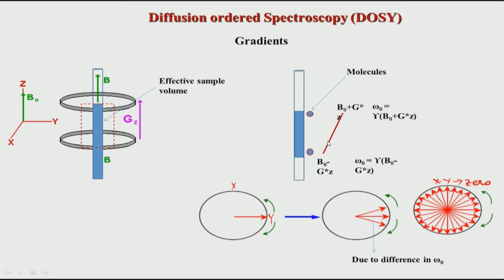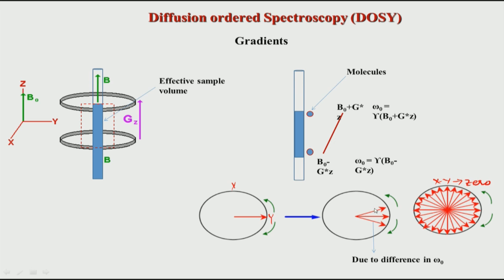You can also say that we have created an additional chemical shift along the sample. The same molecule is now spread over a large chemical shift range, because each part of the sample has a different omega 0. So, the molecules do not stay in phase, they start to dephase, similar to what you see in T2 relaxation, but this is an induced dephasing and not the random dephasing which happens in the T2 case.